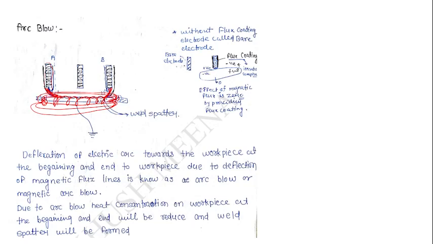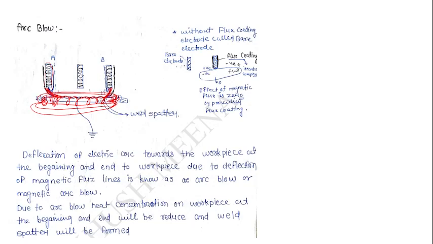So there will be the deflection of your arc due to the magnetic flux line. This deflection is called arc blow. So that is why at the beginning and end of your weld, there will be no weld. I hope you understood what I'm trying to say. So this is called arc blow.